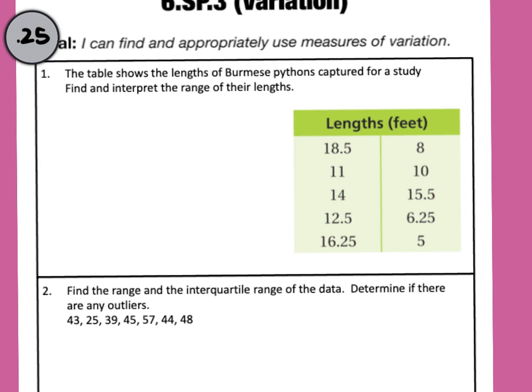So here I go. I am going to look at, okay, so 5 is my smallest number. So 5, cross it off. Then our next number that we would run into is 6 1/4. Yeah, some of these have decimals, and that's okay. Then it looks like we run into 8.